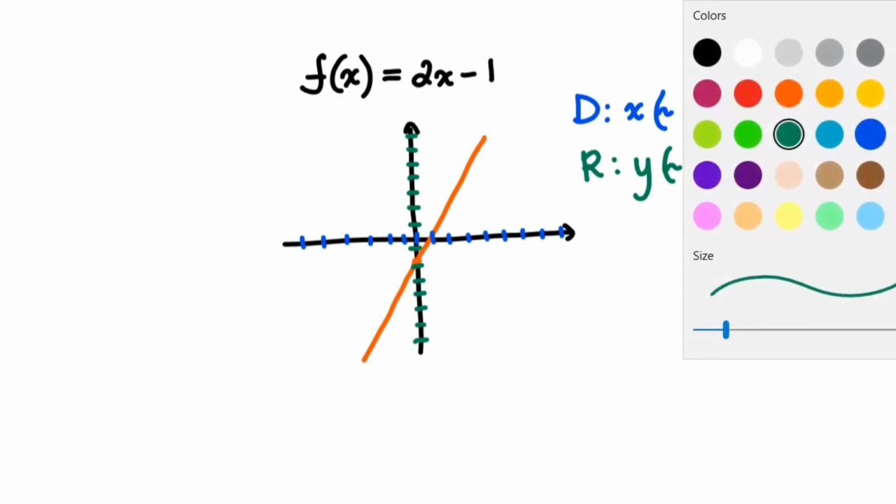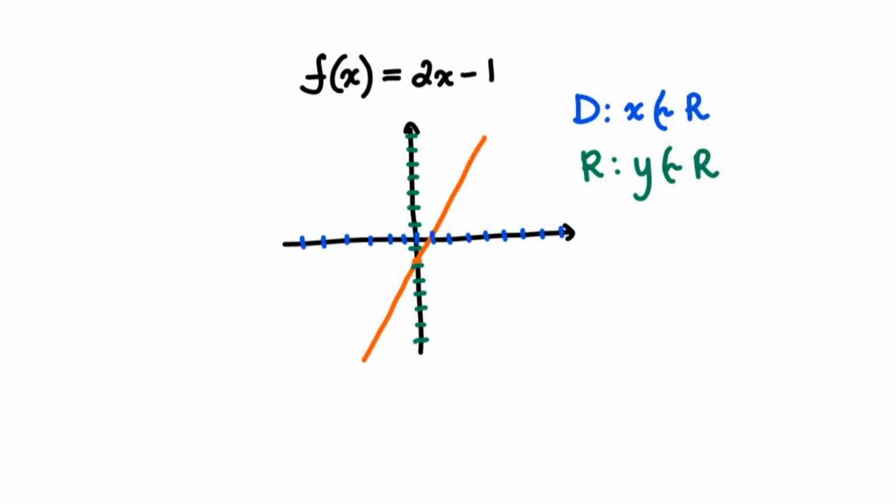Another notation that we can use to represent domain and range is an interval notation. The one that we used just now is called a set notation. And an interval notation will mean the same thing, just written differently.